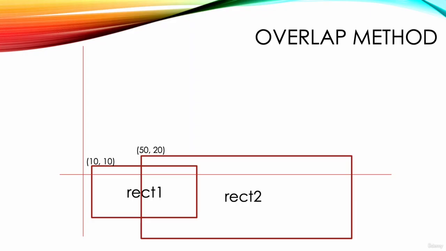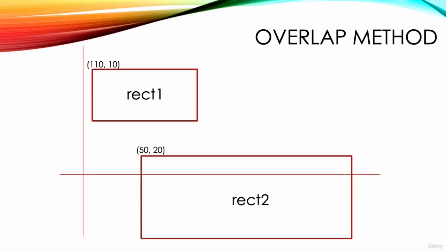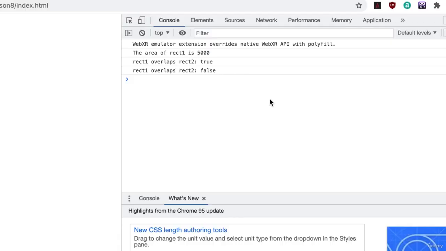Initially the rectangles overlap like this. After moving rect1, they're like this with no overlap. Save, refresh the browser, and you get three messages. The area of rect1, and then two messages about the overlap of rect1 and rect2. The first is true, the second after the move call is false.